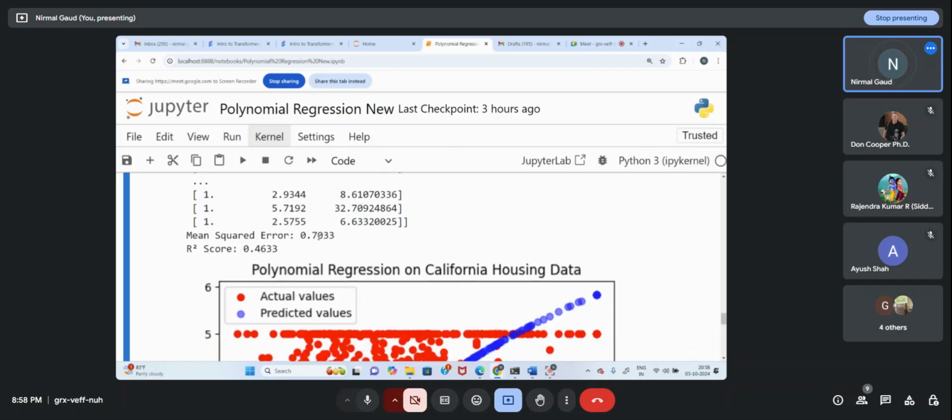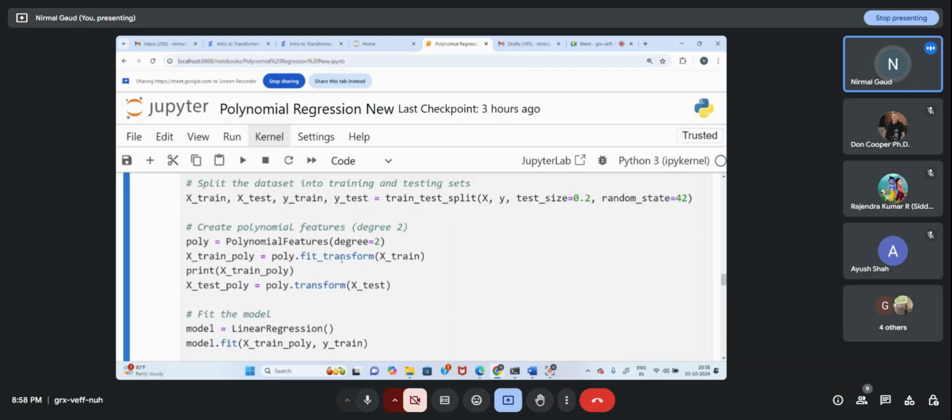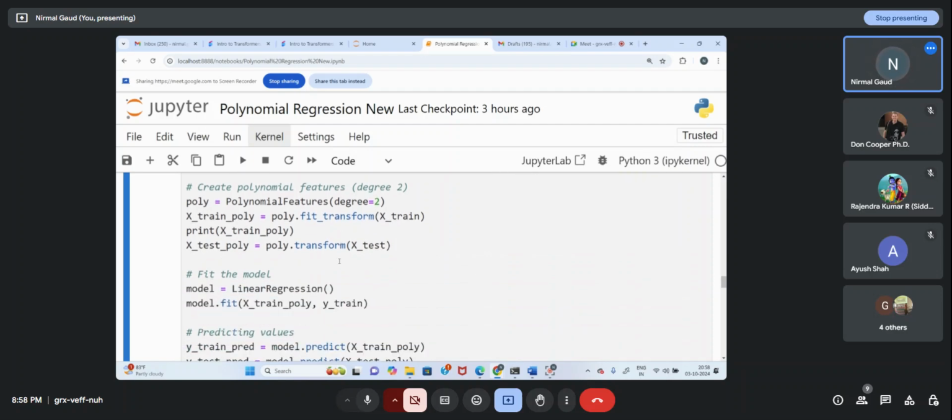You very well know error is how far the points are away from the line, and R2 is the variance explained. So this is what I got as a result. Now I hope this code will be the reference code for you to apply polynomial regression. Only this part of the code is needed.